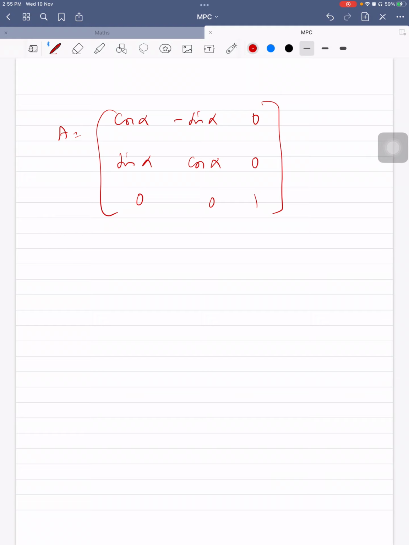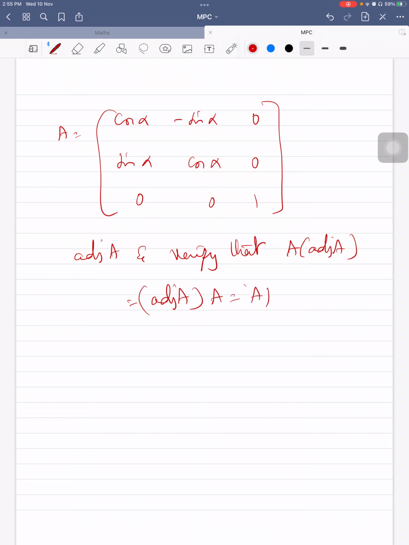We are asked to find the adjoint A and verify that A times adjoint A is equal to adjoint A times A, equal to determinant of A times I_3, that is the 3 by 3 identity matrix.